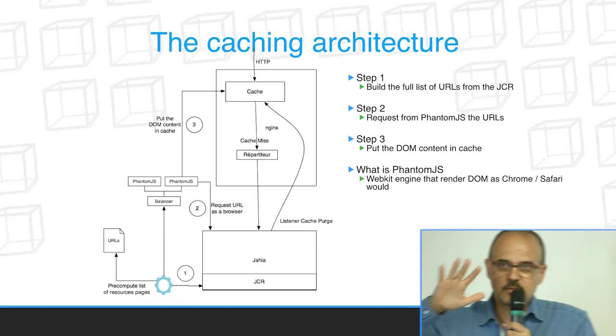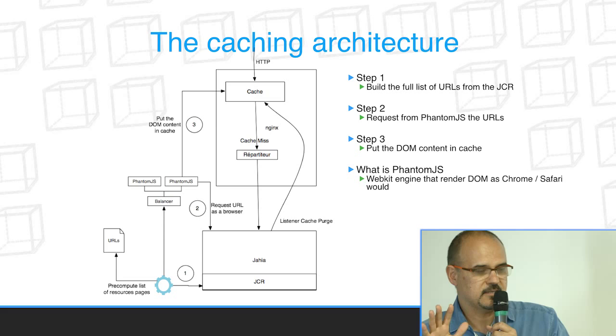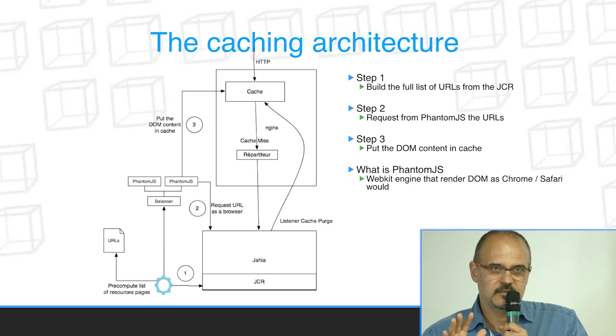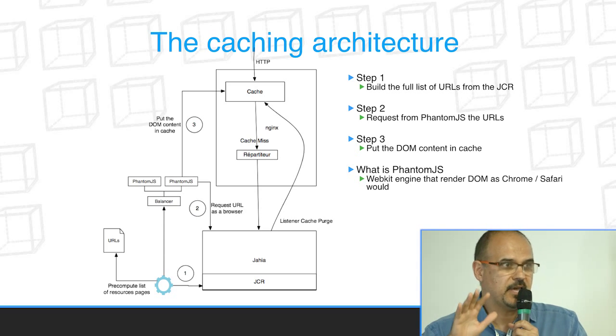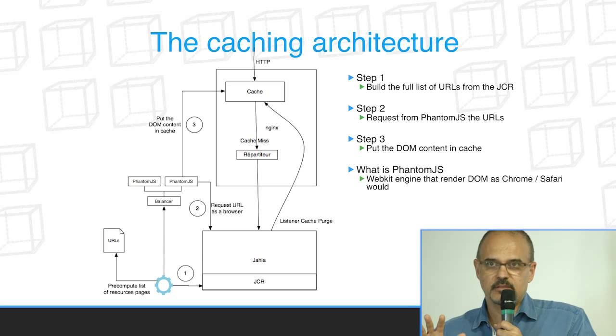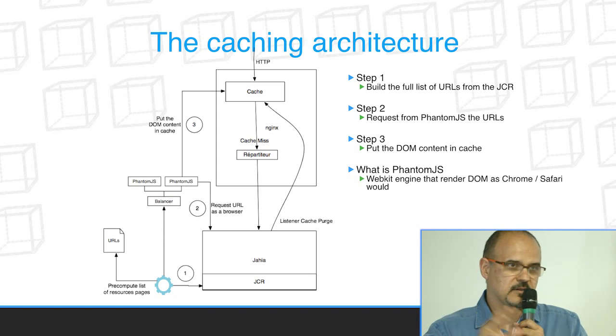Phantom.js is nothing else than the Google and Safari browser engine packed as a C++ component, without the user interface. So whatever call you make through Phantom.js to a URL gets you back the document object model as it will be displayed on the final browser.